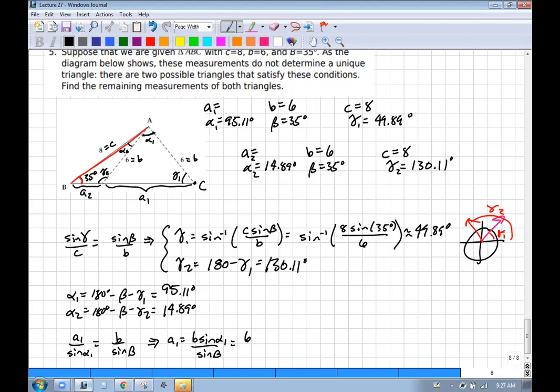B is 6, alpha 1 is 95.11 degrees, beta is 35. Plugging that in, we have 6 times sine of 95.11 divided by sine of 35. And I'm getting 10.42.